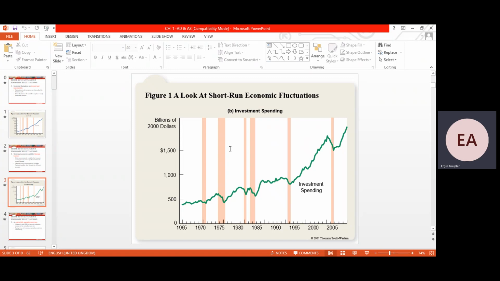If you are looking at the short-run economic fluctuations, you are observing here the investment spending in billions of dollars on the y-axis, and on the x-axis the years are again illustrated.